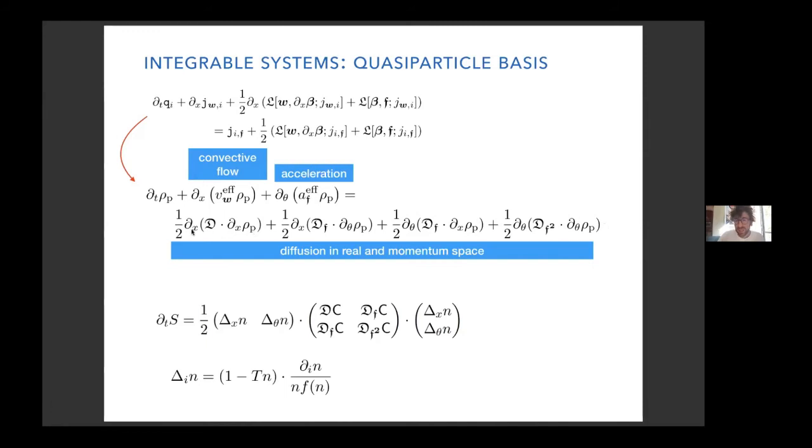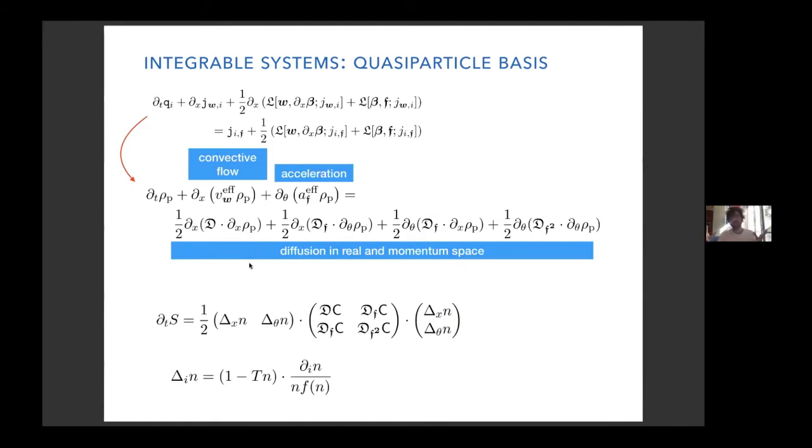The right-hand side is all caused by diffusive spreading. And there are now three effective diffusion coefficients. Before I only showed you this part, and indeed that's what you get if I set the forces to 0. If there is no acceleration, there is no such part. But as soon as I add forces, I have two extra diffusion coefficients, which are all positive definite.